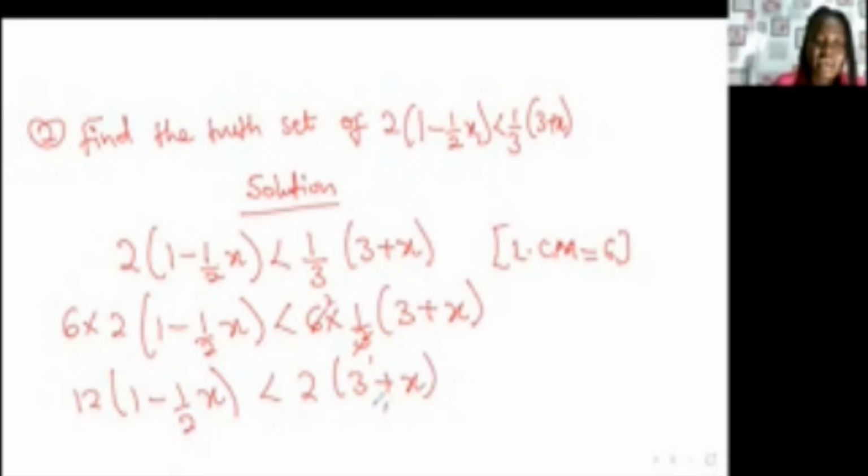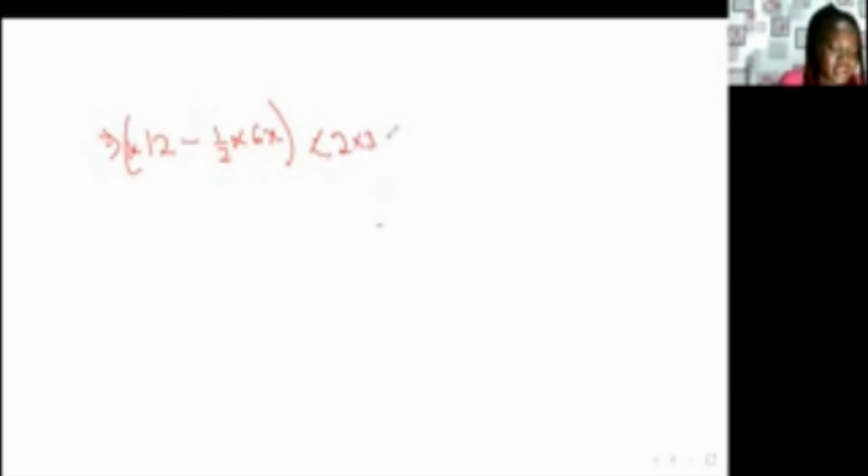So that is simplified. We open the bracket, or we expand our bracket. Expanding the bracket at this point will give us 12 minus, multiplying everything inside the bracket by the 12, less than 2 times 3 plus 2 times x.